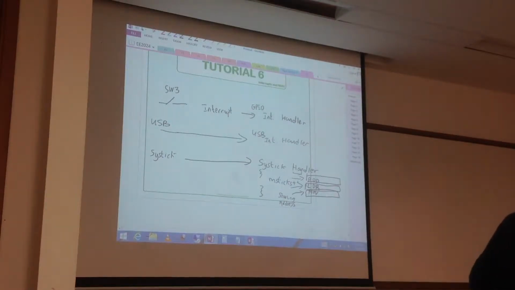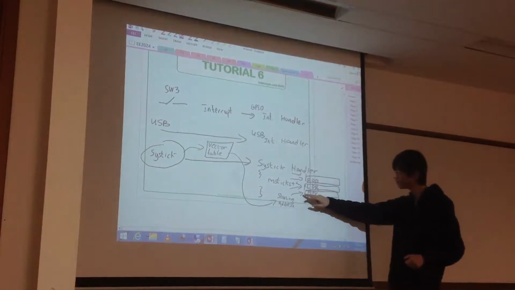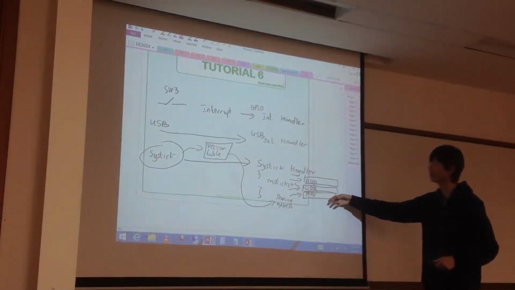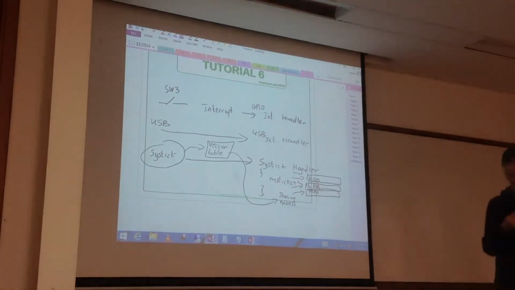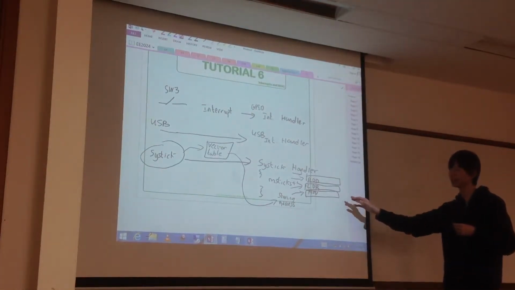So when the SysTick interrupt occurs, it will look at a vector table. The vector table will tell it where the starting address is located. It will tell it you need to start from this instruction and you proceed on. So that's the purpose of the vector table. Simply tell it where to start.